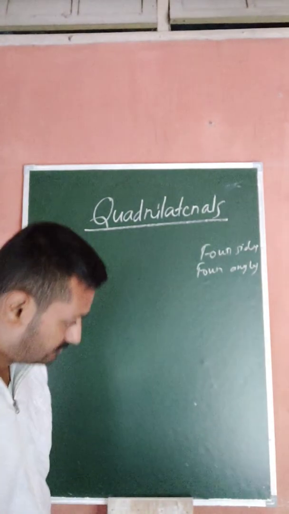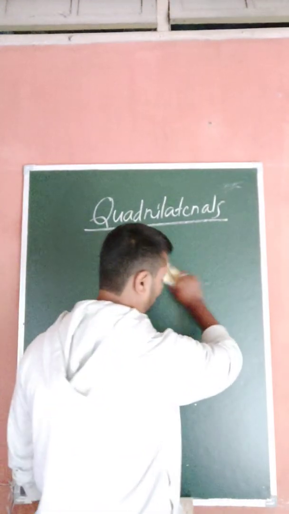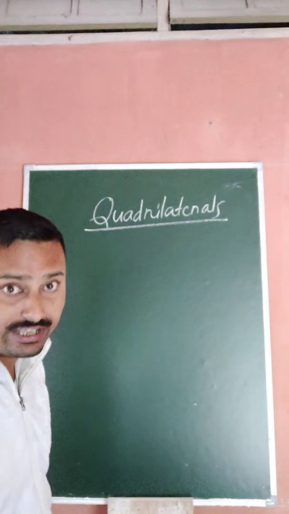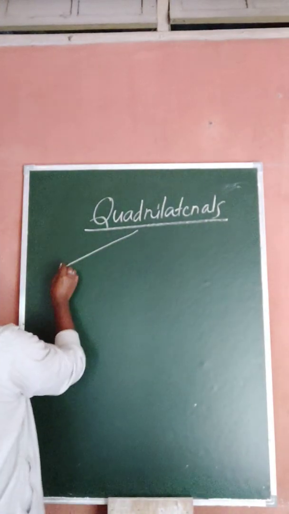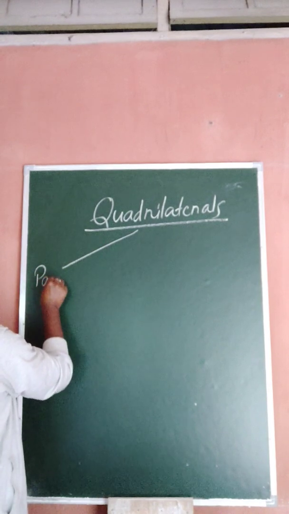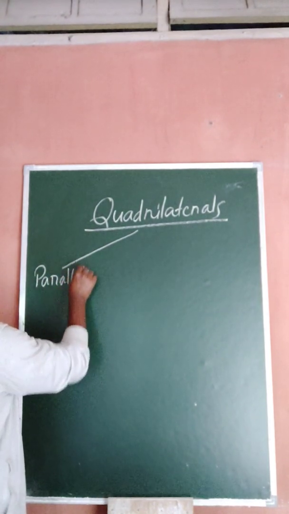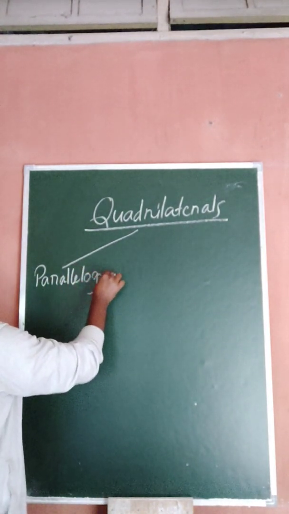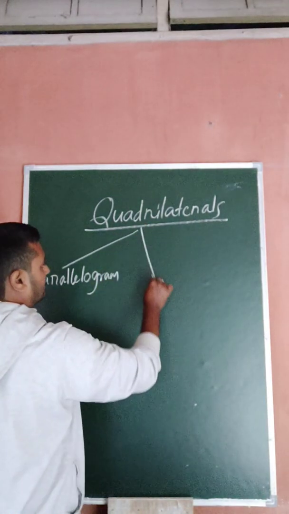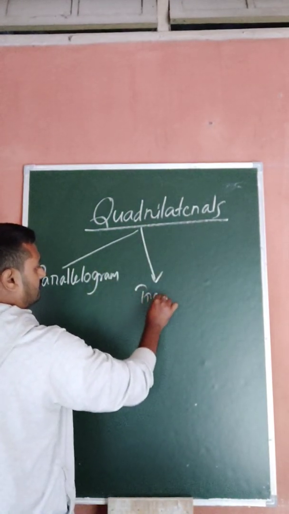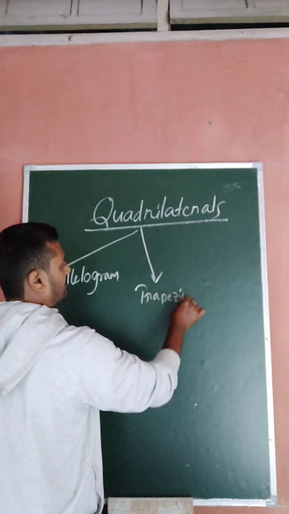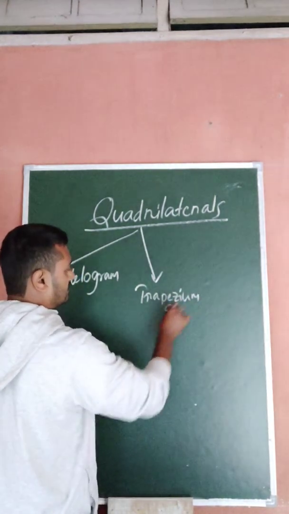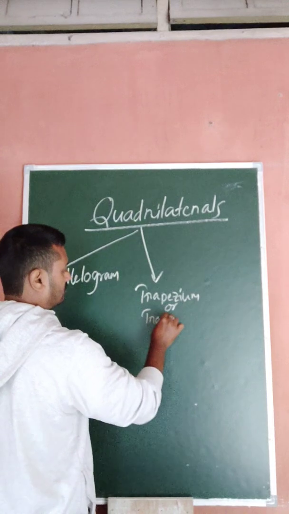So quadrilaterals are basically classified in 3 categories. The first one is parallelogram. The second one is trapezium, or it is sometimes called trapezoid also.